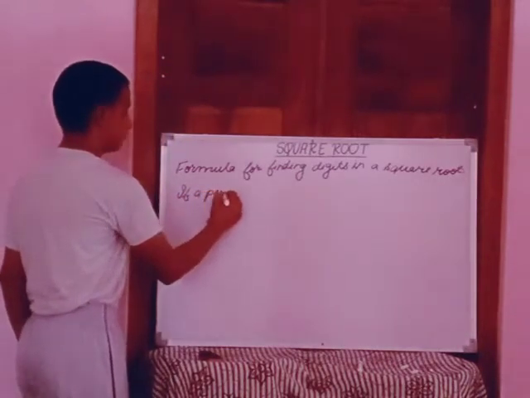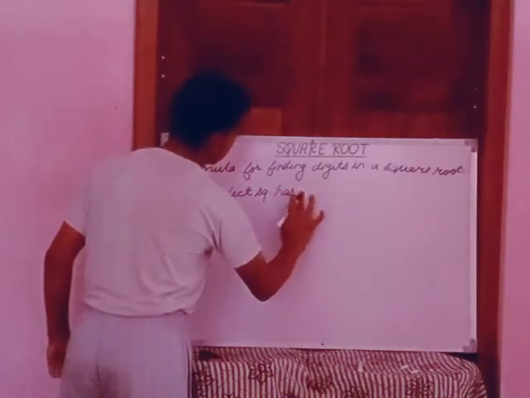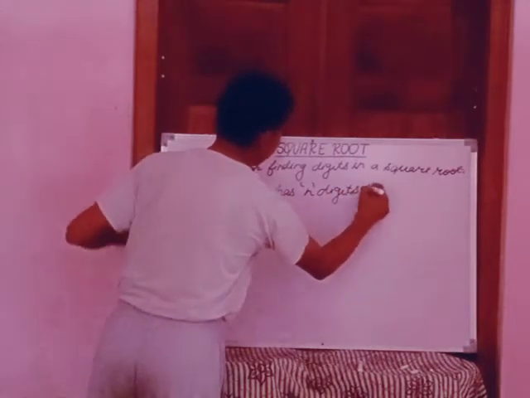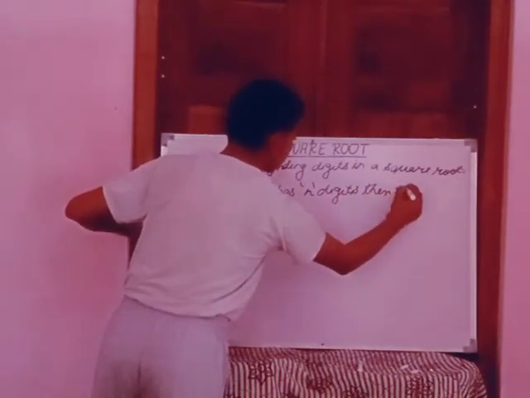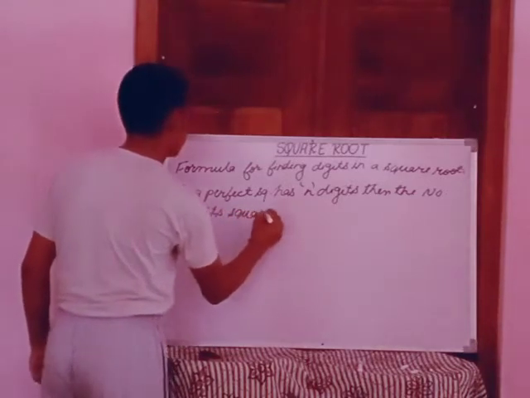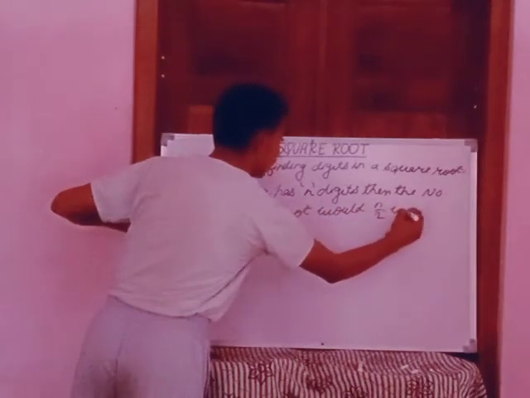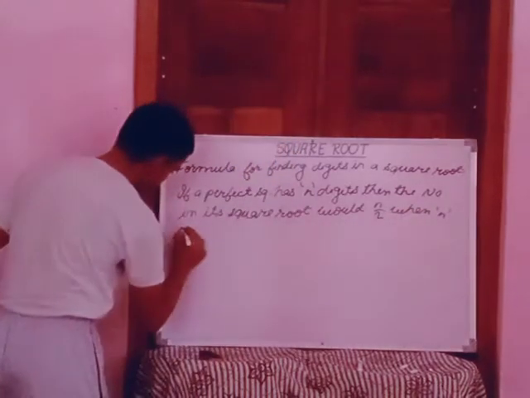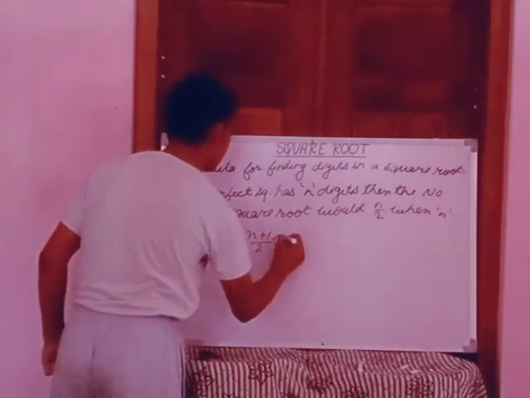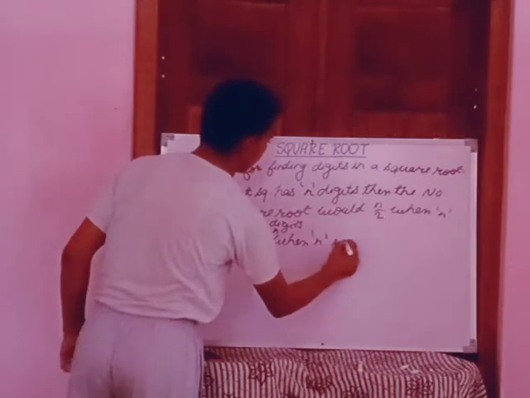If a perfect square has n digits, then the number of digits in its square root would be n by 2 when n is even, and n plus 1 upon 2 when n is odd.